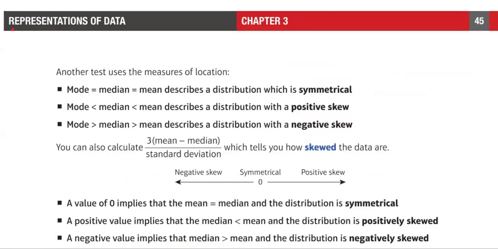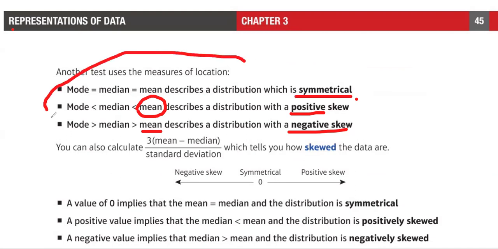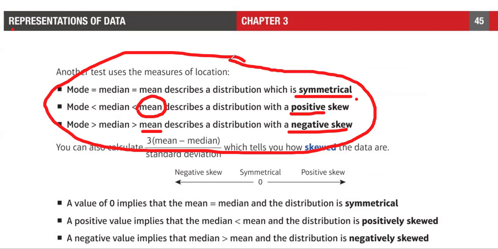You have to remember basically this: mean greater than mode or median, therefore positive skew. Mean less than mode or median, therefore negative skew. That is the important thing. Mean, median, mode equal means symmetrical. This one you have to apply.